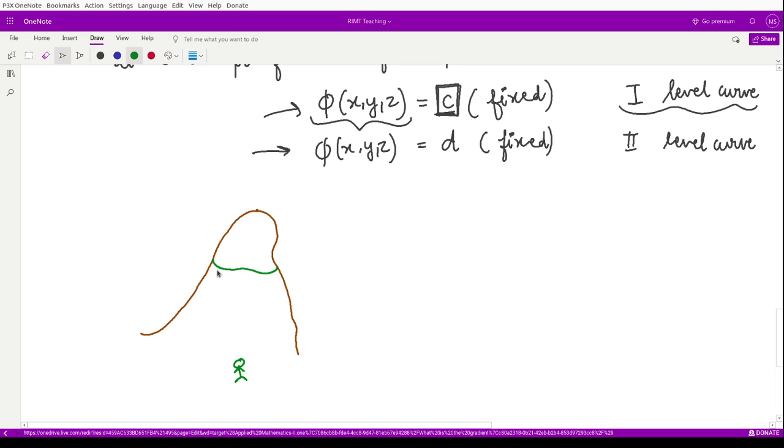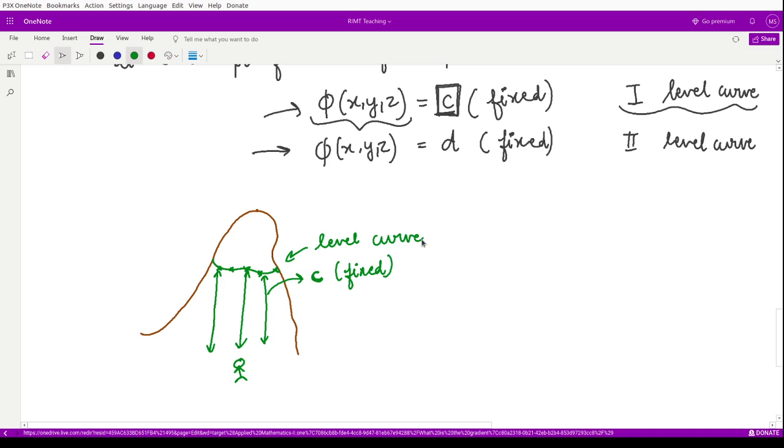And moreover, if I assume that this curve represents the same height from the ground at every point, say here, here, here, or here, the height is going to remain the same, which is some constant quantity. Say this height is equal to c, which is fixed. In that case, I can call this curve the level curve.